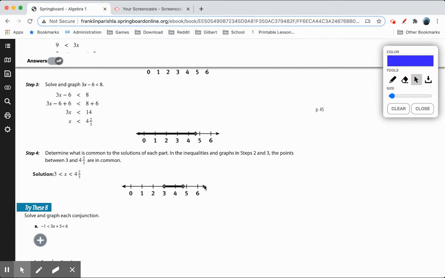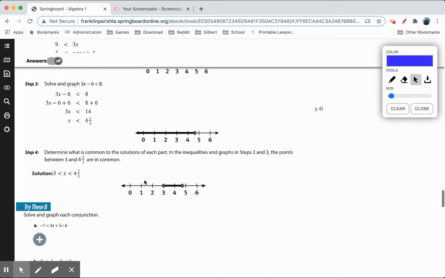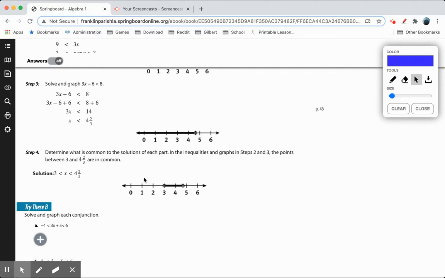We don't count the things outside of the ranges here, because it's got to fit both conditions. It's got to be greater than 3, but also less than 4 and 2/3. So there you go. You've joined your graphs. You made a compound graph of a compound inequality.